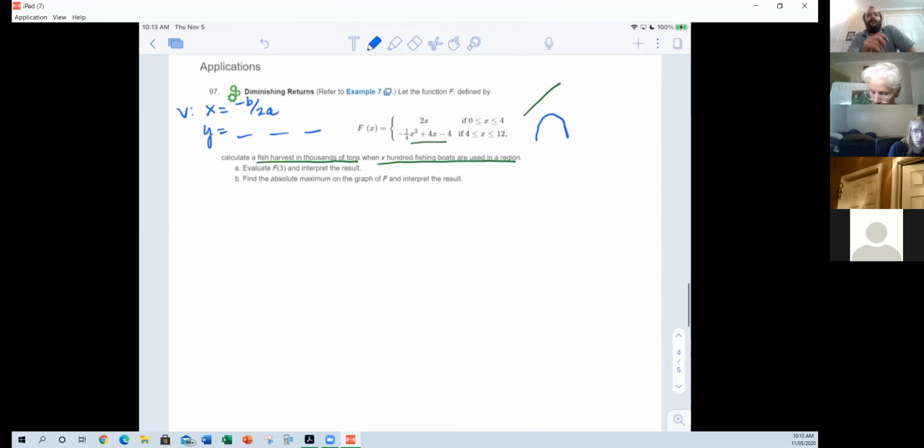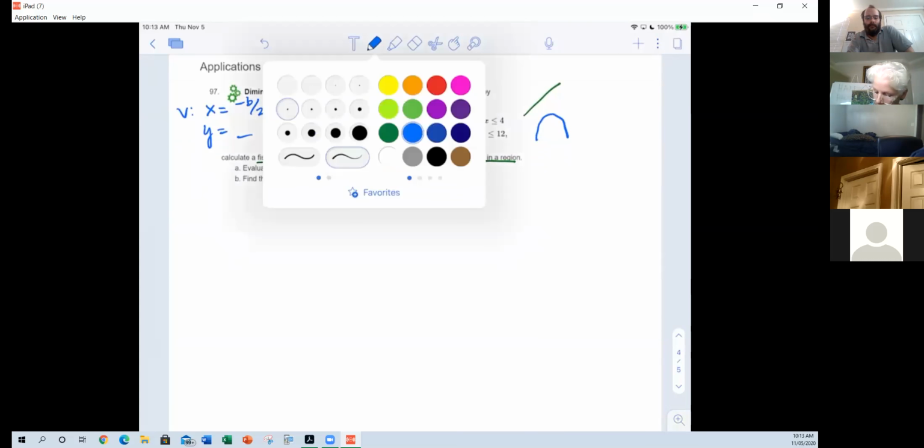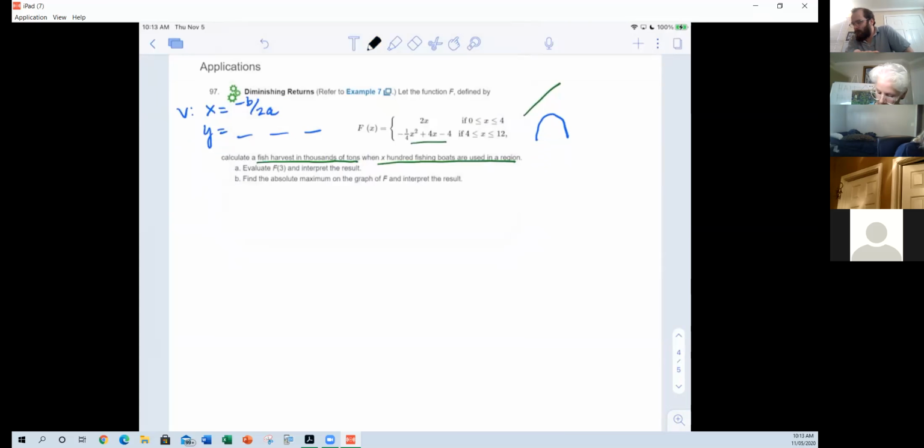All right, so now usually, or almost always, when we're talking about an application problem, we're in the first quadrant because we're not talking about negative numbers of boats or negative numbers of fish. So I'm just going to draw the first quadrant.